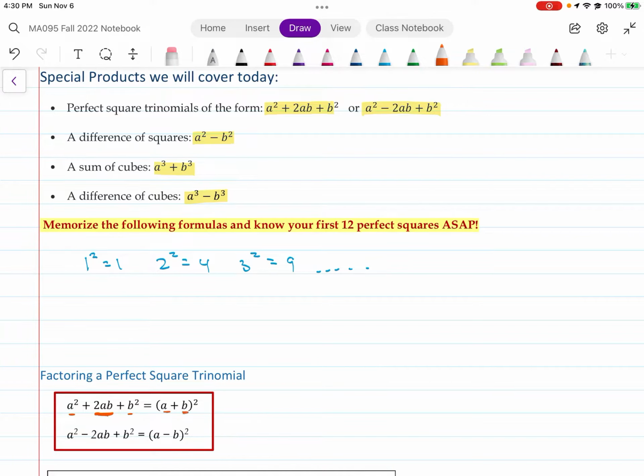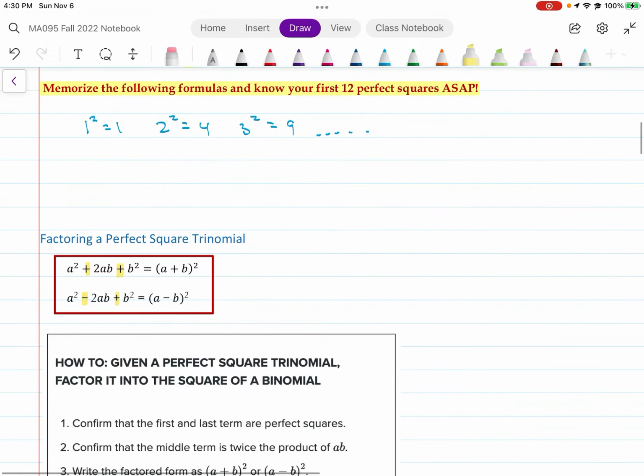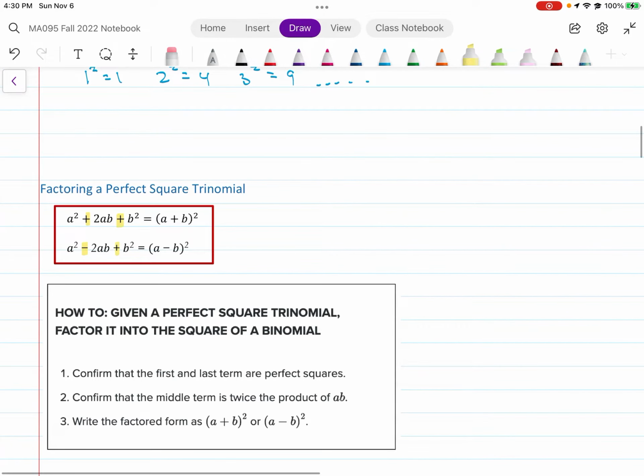This one times this one, and the middle term is double that, and the two terms are squared, then you can see that you've got a perfect square trinomial. Notice the minus sign is here, and this one is plus. Both of the b squareds are plus, because when you square negative, you get a positive, and when you square positive, you get a positive. All right, so here's an explanation of that, but we're going to practice it.